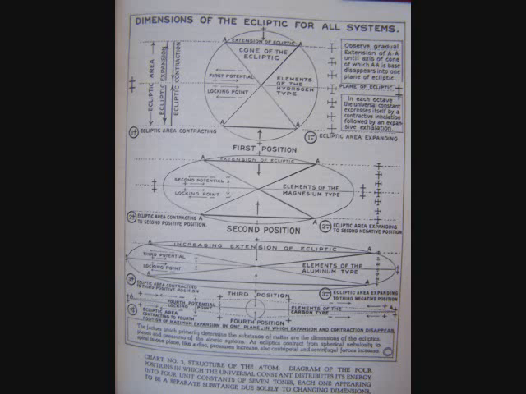It shows in the middle part of this the cone of the ecliptic. In its first position is the second part, and in the second position is the third part there, and the third position and the fourth position.